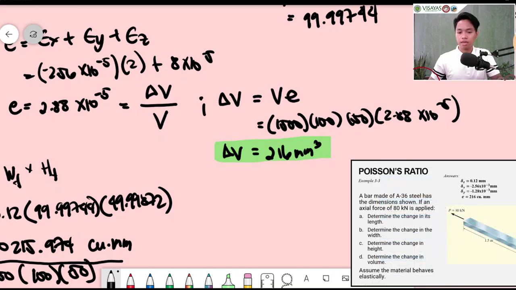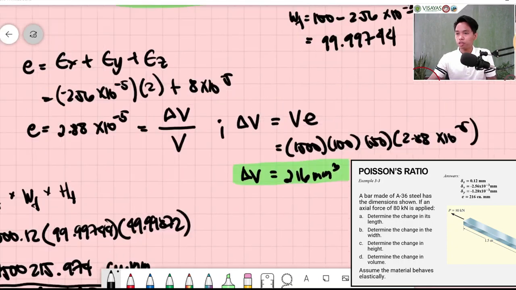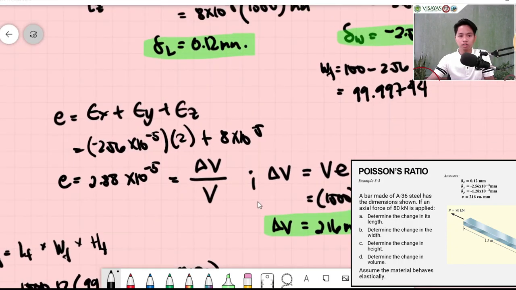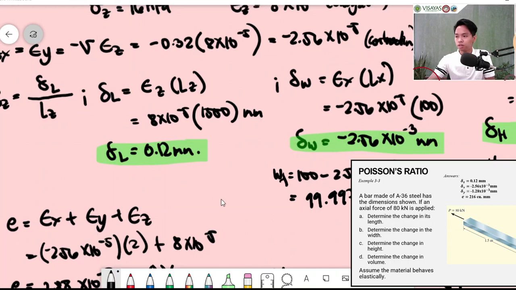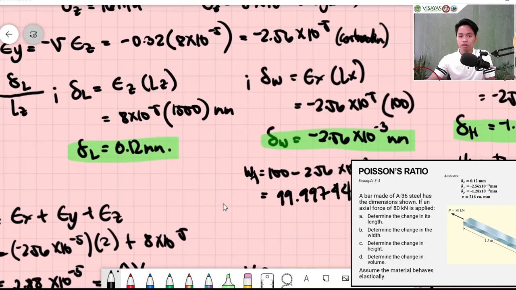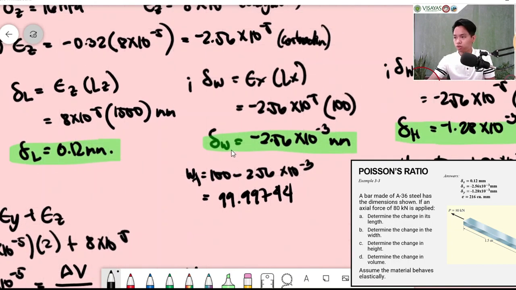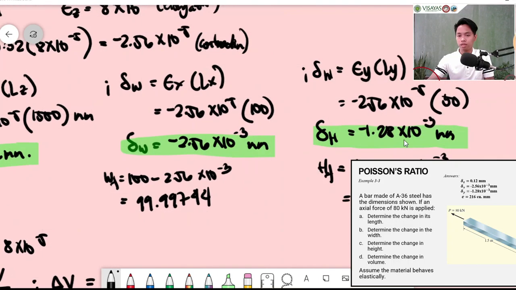Okay, so we have 0.12 for our change in L or change in Z. Your deformation at W or deformation at X is negative 2.56 and negative 1.28 times 10 to the negative 3 ang deformation sa ato ang Y or sa atong height.